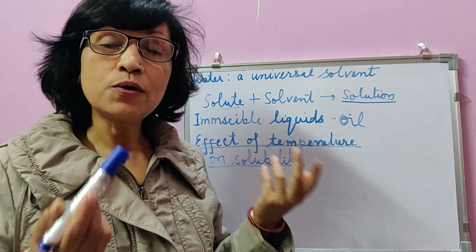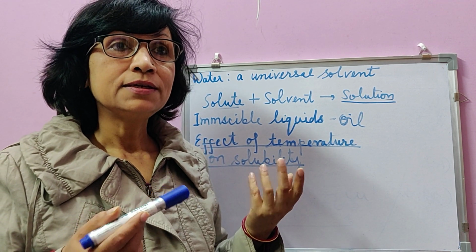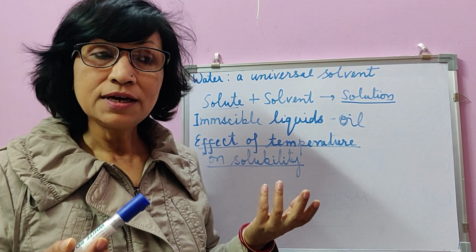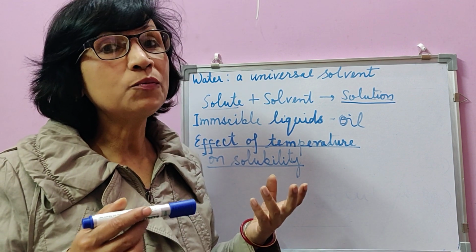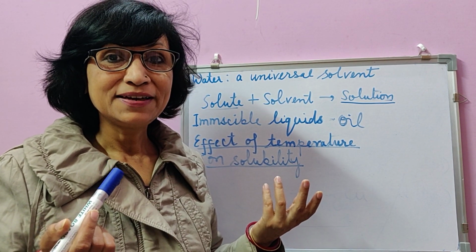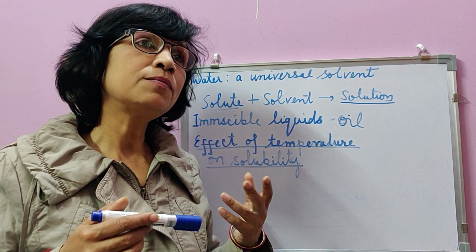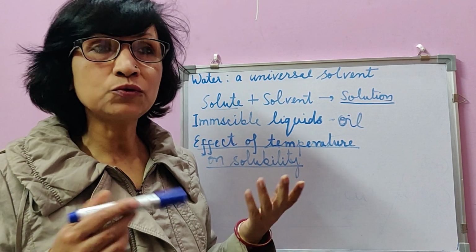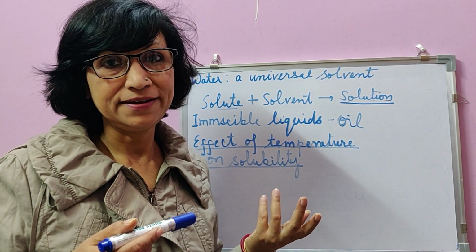So, to understand it more, let's discuss solutions. What are solutions? A solution is a homogeneous mixture of two or more substances in which the proportion of the different components may vary.